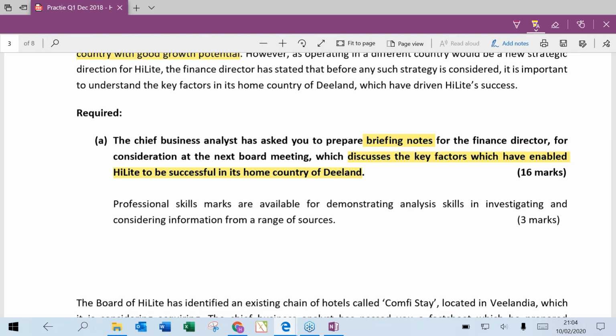First of all, do you agree that Highlight was successful in its home country? Yes or no? Absolutely yes, right? It is definitely successful. And how do you know it's successful? A lot of information was given in the introduction. Leading hotel, leading market share, largest hotel in terms of rooms, all these things.